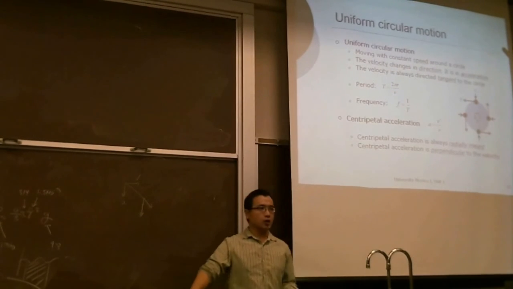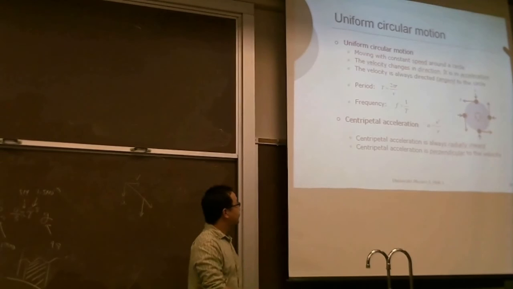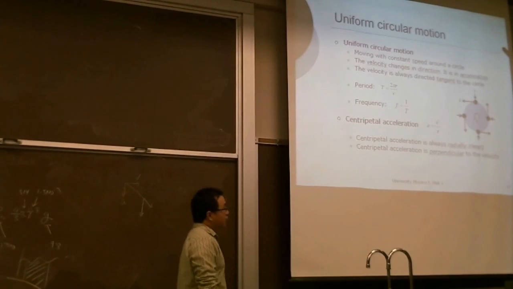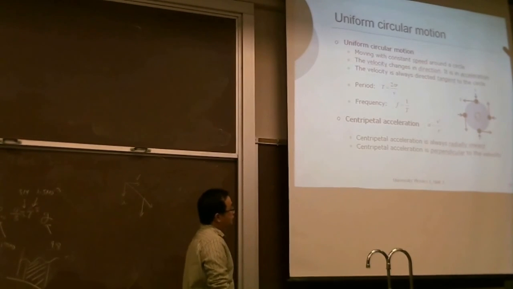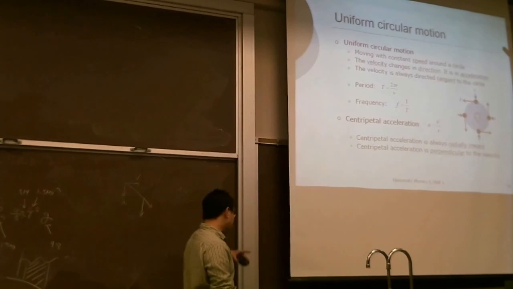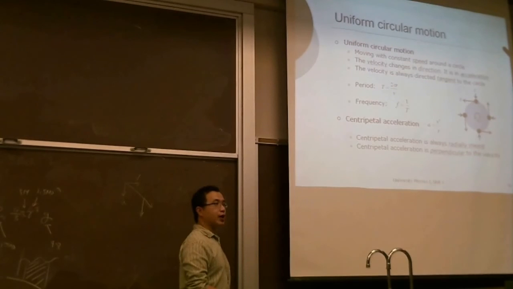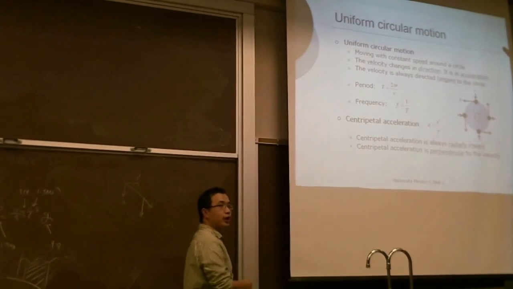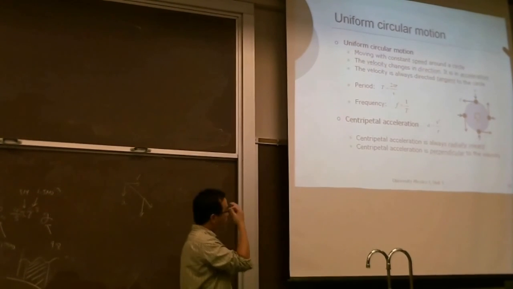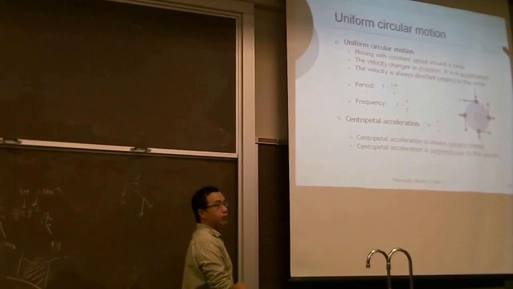This is uniform circular motion. If the acceleration is not exactly perpendicular to the velocity, you can still possibly have circular motion, but it will be non-uniform circular motion.